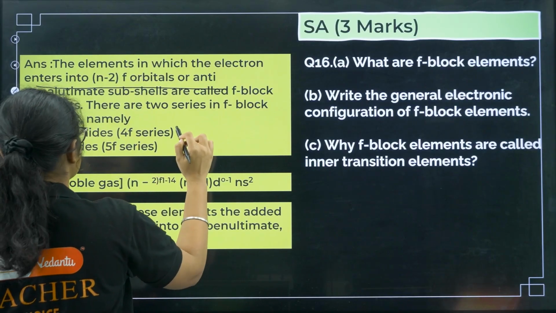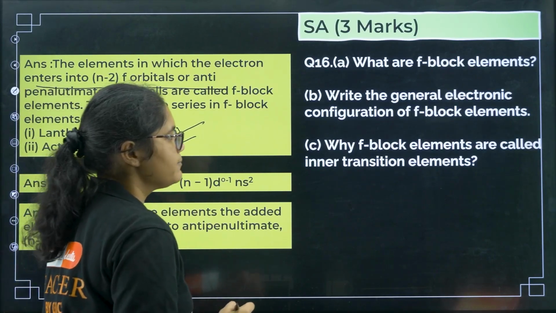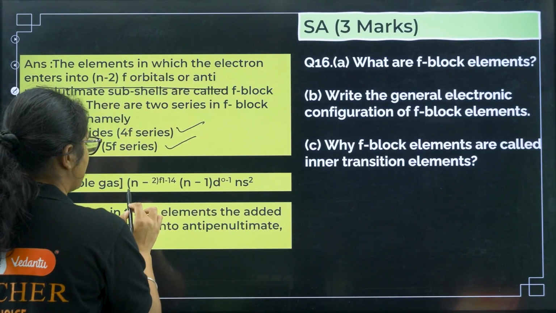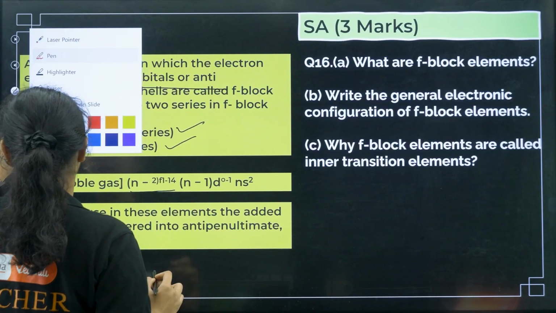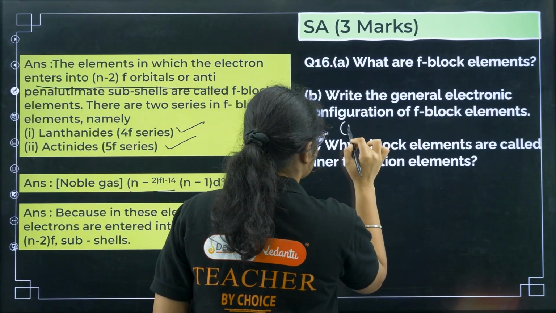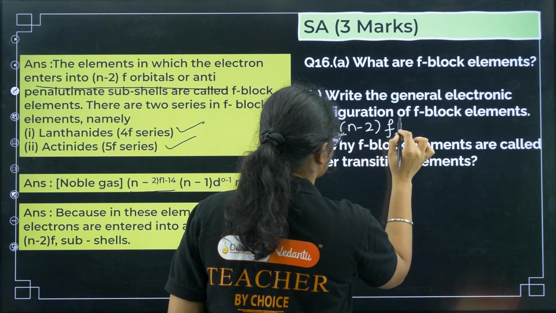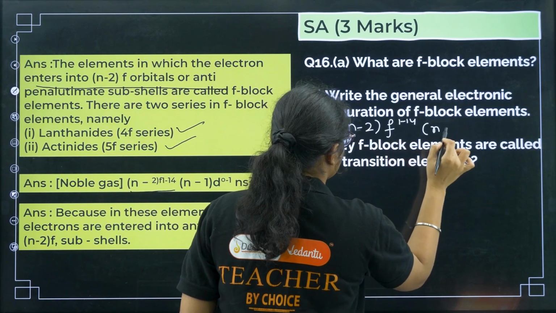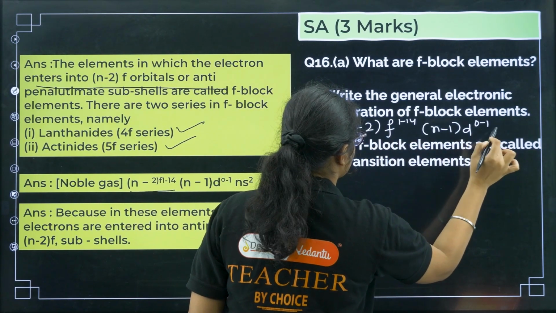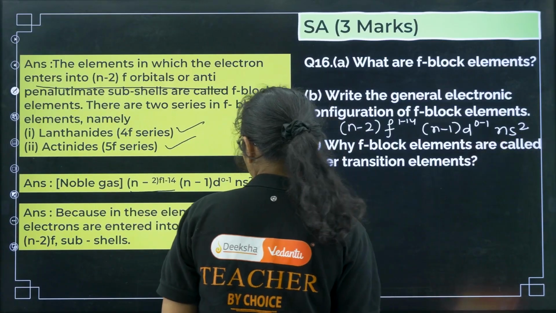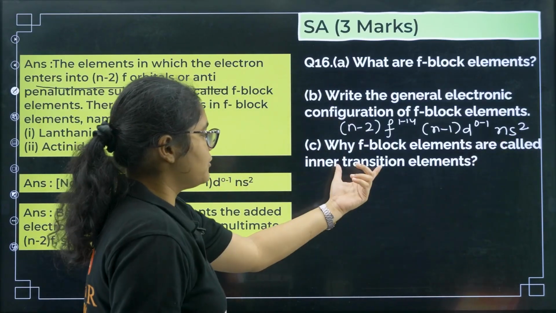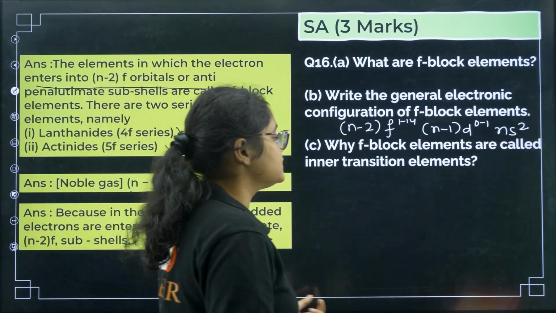There are 2 series, that is lanthanides and actinoids. Okay, general electronic configuration is (n-2)f 1 to 14, (n-1)d 0 to 1, ns2.